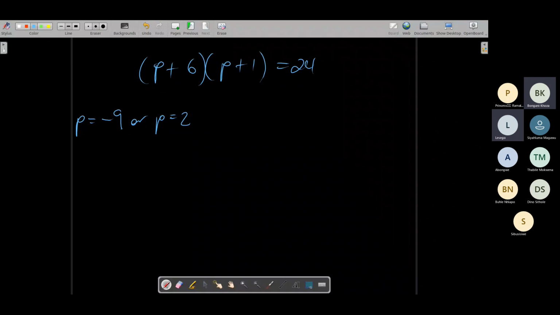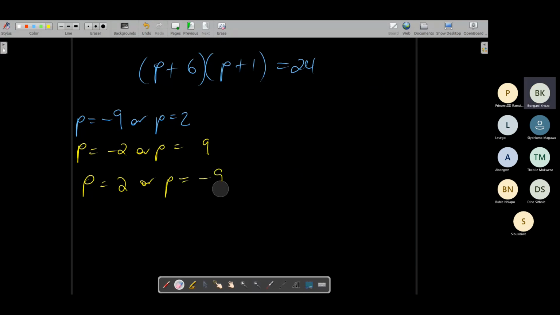No. What did you get? P is equals to 9. P is equals to -2. We have someone who has -2 and +9. We have someone who has P is equals to +2 and P is equals to -9. It's the same thing.